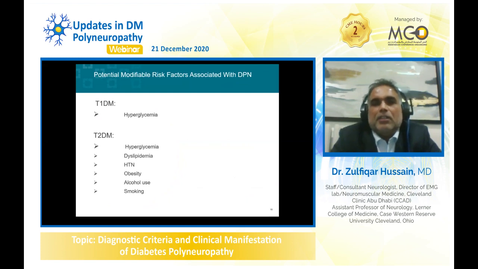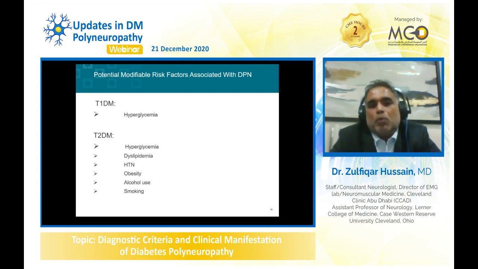There is a direct link between hyperglycemia and diabetic polyneuropathy in type 1. It has been proven in the literature that hyperglycemia is the only risk factor in type 1. With optimization of glucose control, the relative risk of diabetic peripheral neuropathy can be decreased by close to 75 to 80% in type 1.